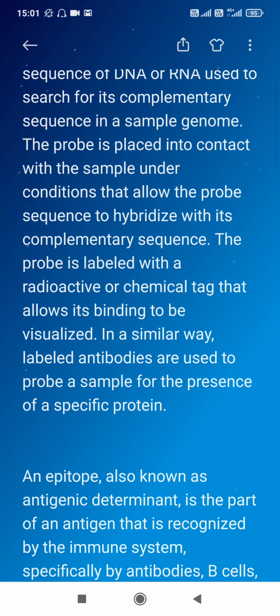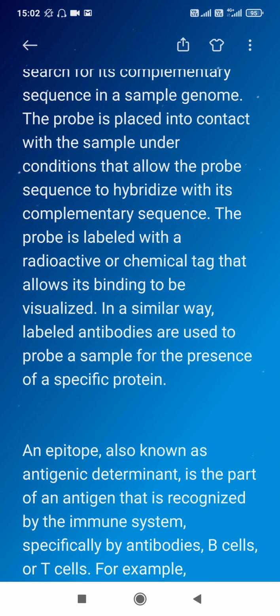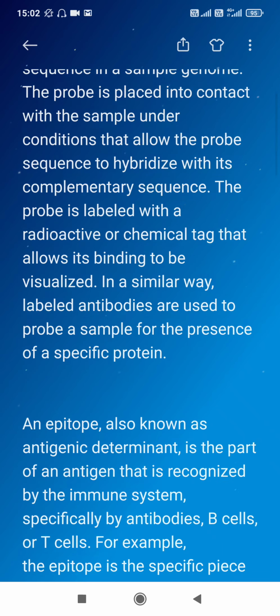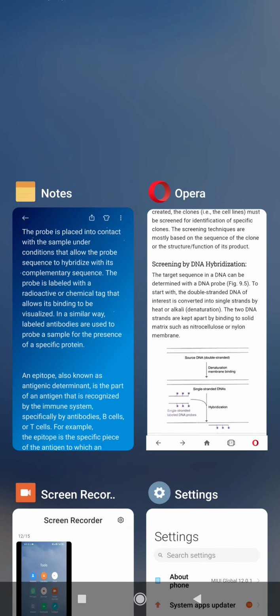In the case of a chemical, we can use a colorless chromogenic substrate, which upon reaction with the enzyme will give a colored product. Then we can visualize them, or we can use a fluorescent substance which will emit light on treatment with certain chemicals. These types of substances are normally labeled to a probe. So let's come to the topic.